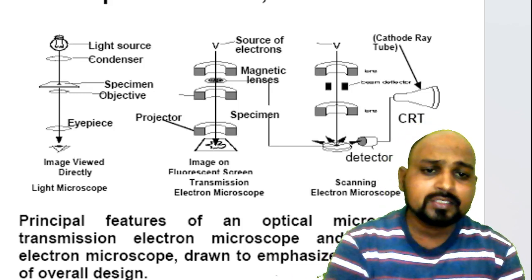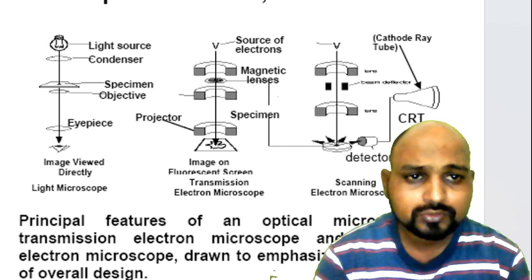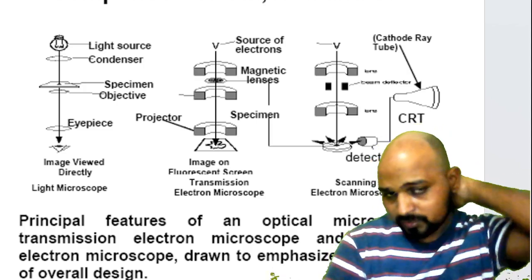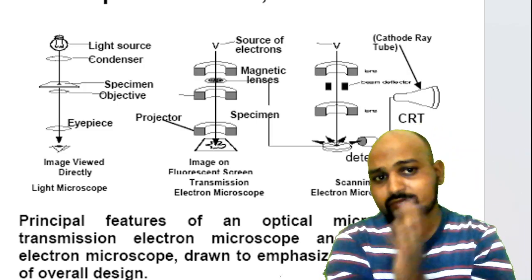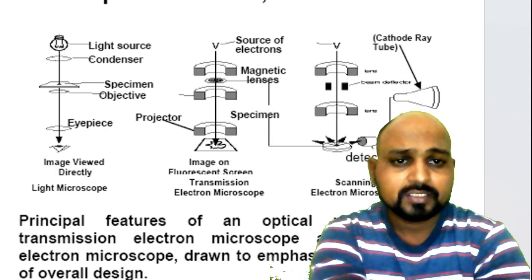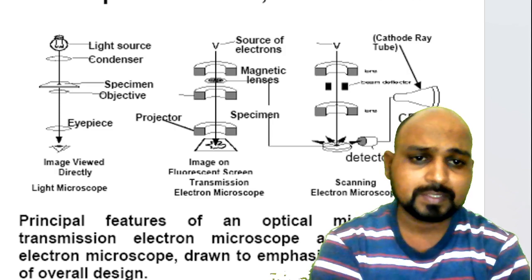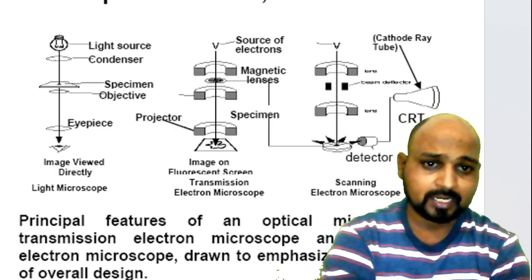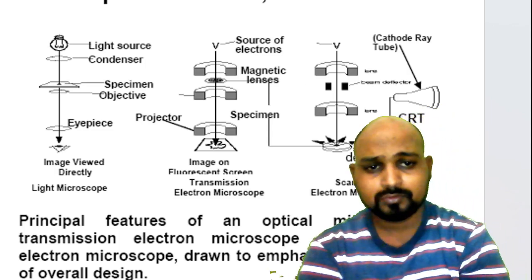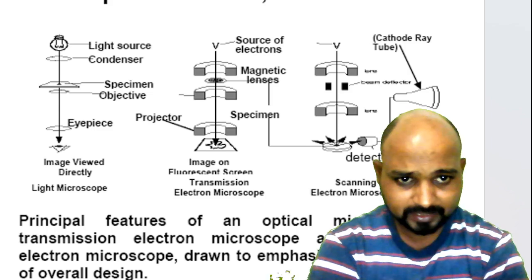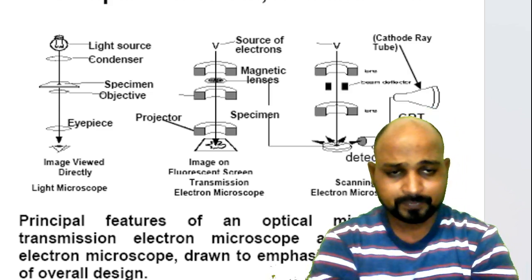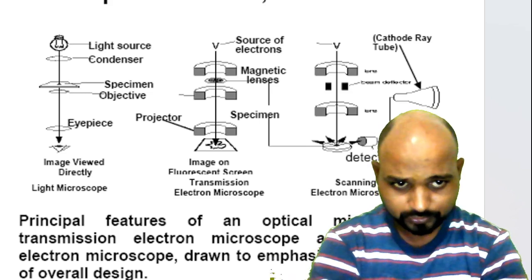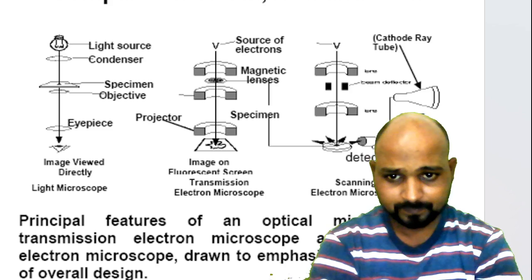Coming to the scanning electron microscope, here we also use a cathode ray tube, and we bombard the beam. This is also guided by magnetic fields to project the electron beam on the specimen at the sample space, and after interaction with the specimen, the detector detects the signal, which is shown on the cathode ray tube, that is CRT.